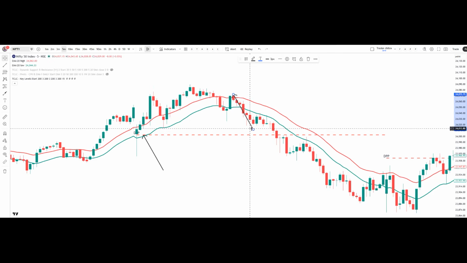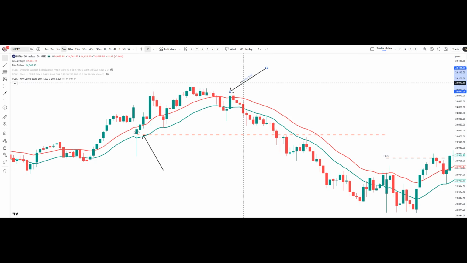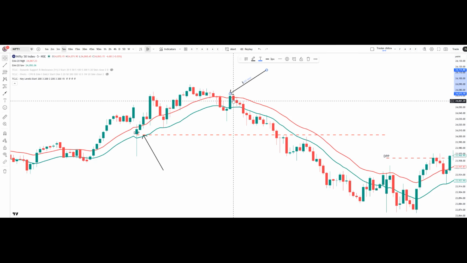Below this we can see a strong rejection, and when we see a strong red candle below this 20 moving average low also, we can understand that the momentum is bearish, the bearish trend.